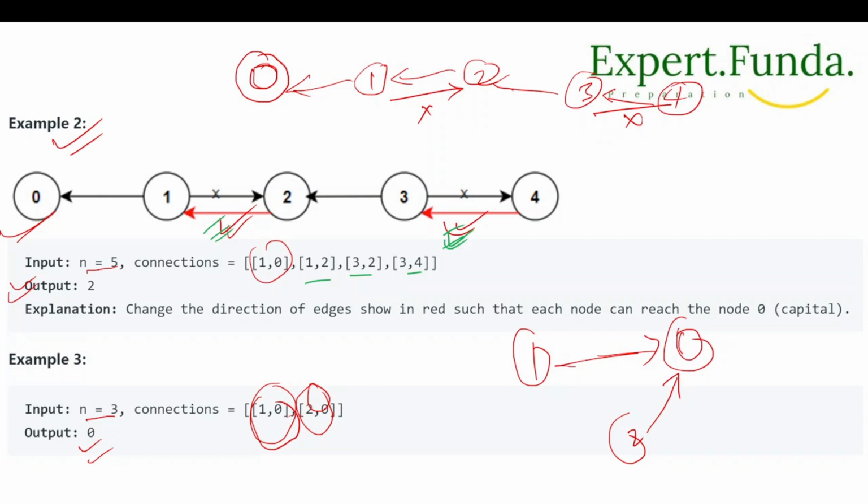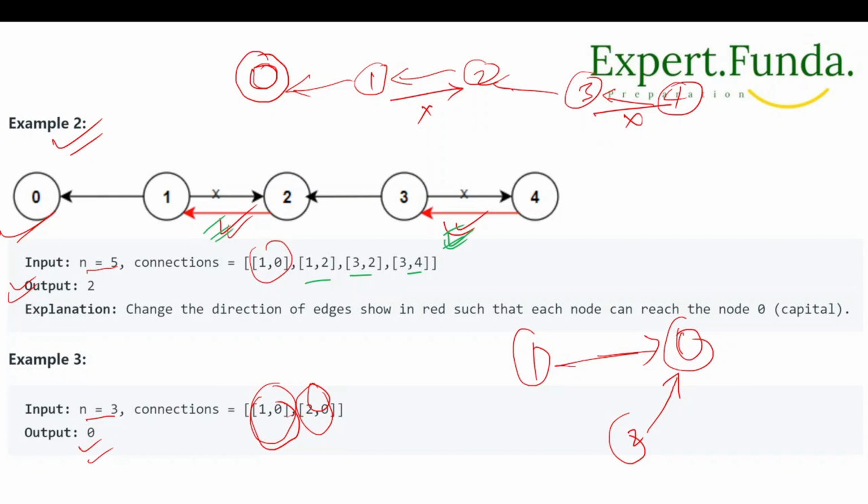So if we use an artificial edge to move from parent to the child node, we know that the original edge is directed from child to parent. So we don't need to flip the original edge that we were given. We don't need to do the flipping.